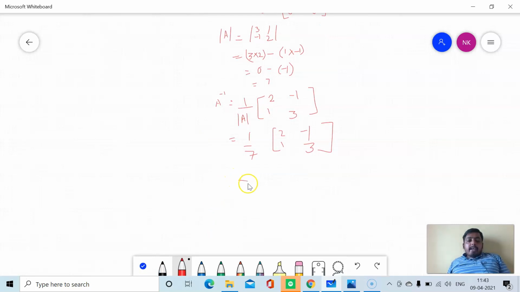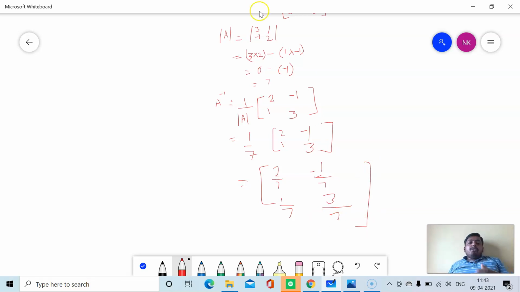So you can write A inverse is equal to 2 upon 7, minus 1 upon 7, 1 upon 7 and 3 upon 7. So this is your solution.